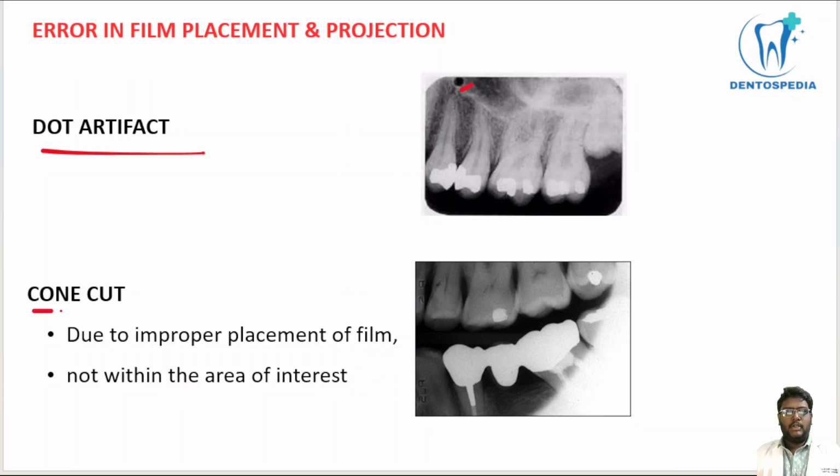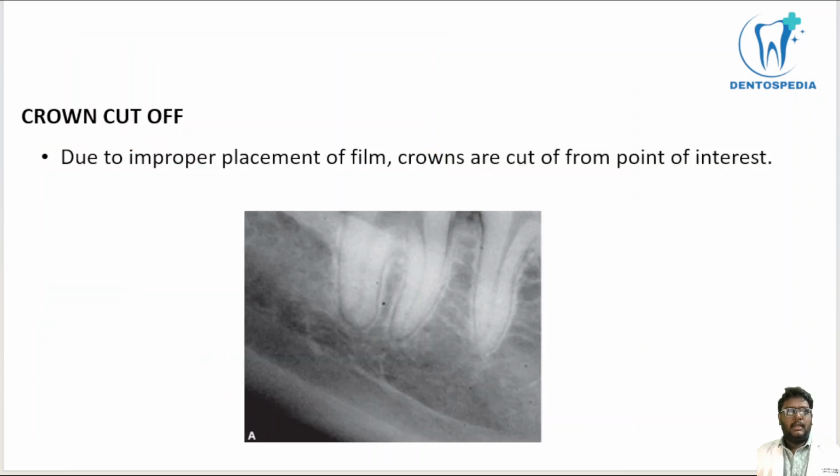And the second one is cone cut. It is mainly due to improper film placement, okay? If the film is not placed on the area of interest, it might result in a cone cut appearance, okay? And the next one is crown cutoff. It is similar to the previous error. It is mainly due to improper film placement, right?